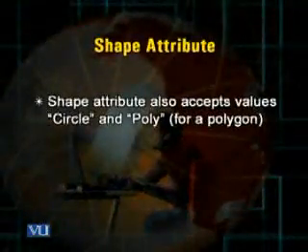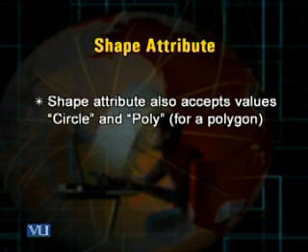Let me point out here that the shape attribute can have more values. The shape attribute's value is not confined to rect. The other prescribed values for the shape attribute are circle and poly.